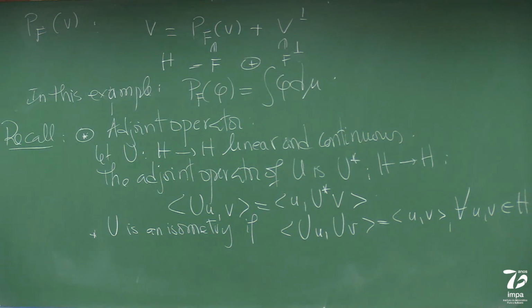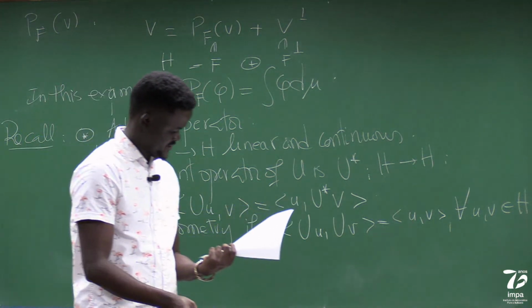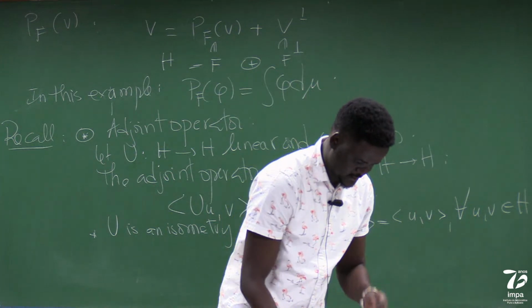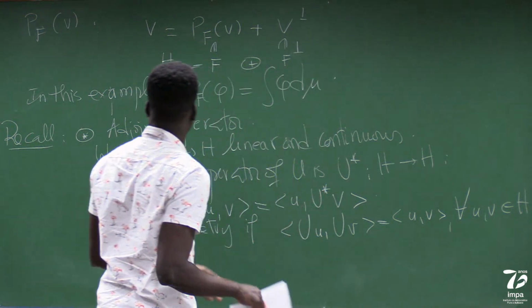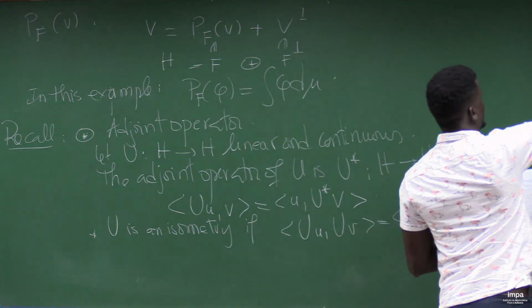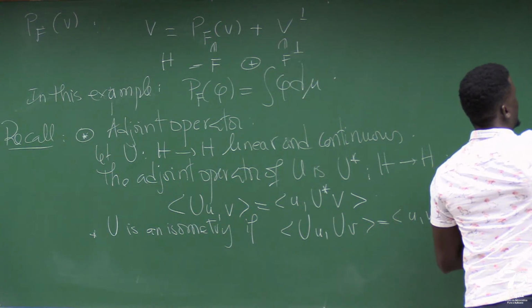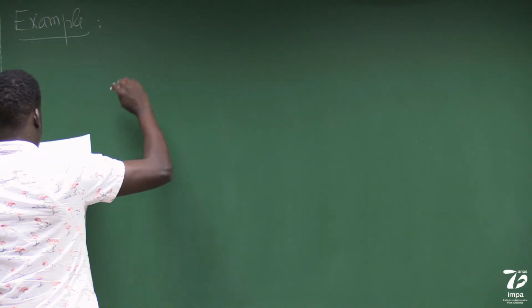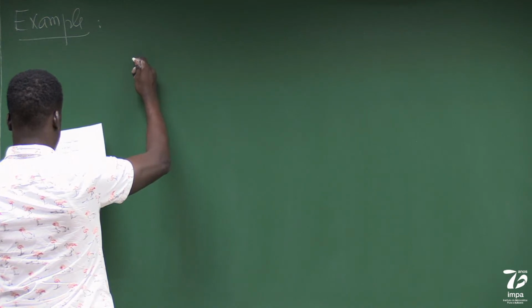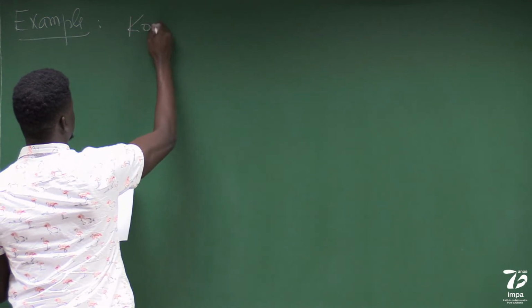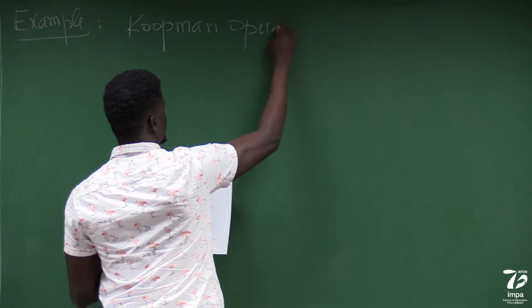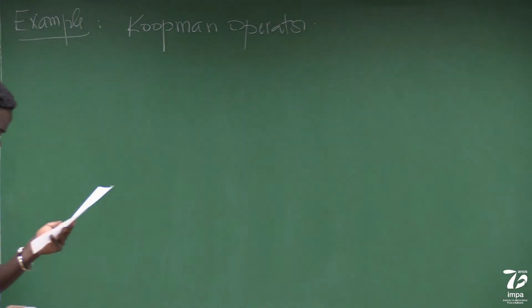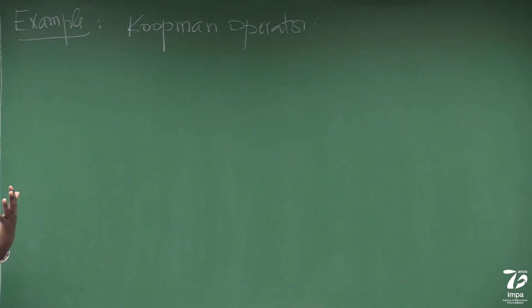As an example of an isometry and linear operator that we will be using is the Koopman operator. This is another operator that is very much used in dynamical systems, like also the transfer operator that we defined in the previous lectures.